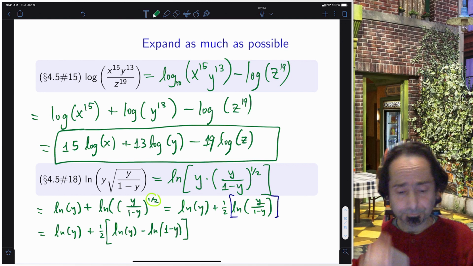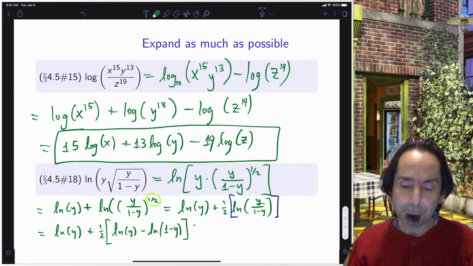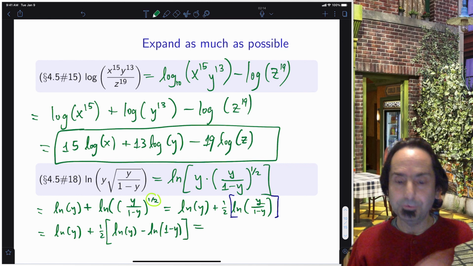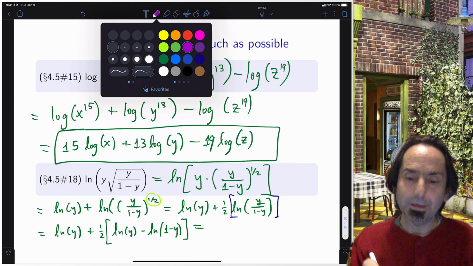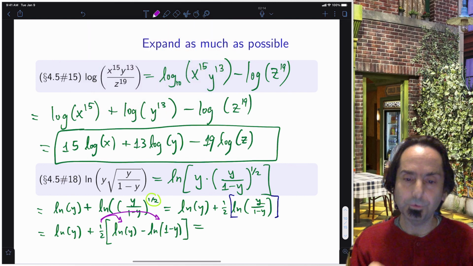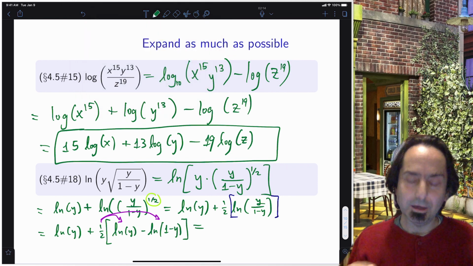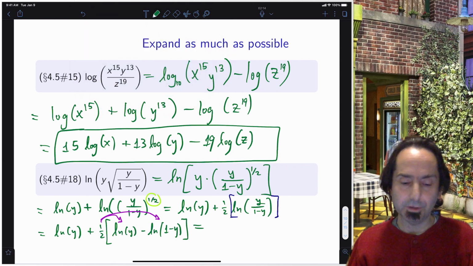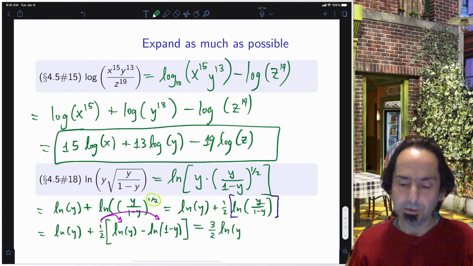And I can actually expand that. I can distribute the 1/2. It's 1/2 of these and 1/2 of those. And when I do that, I'll actually get two terms with natural log of y. So I'm going to end up with one of them plus 1/2 of them. So it's 3/2 natural log of y minus 1/2 natural log of 1 minus y.